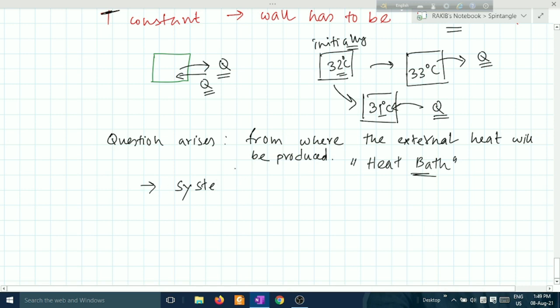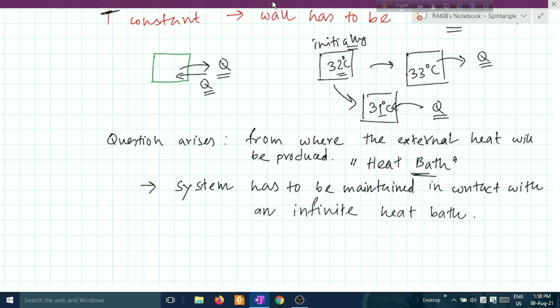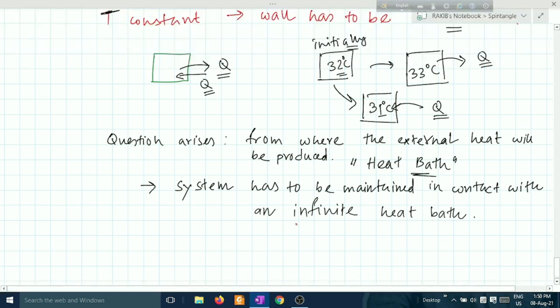To make this work, the system has to be maintained in contact with an infinite heat bath. This is the line to be focused on: infinite heat bath.